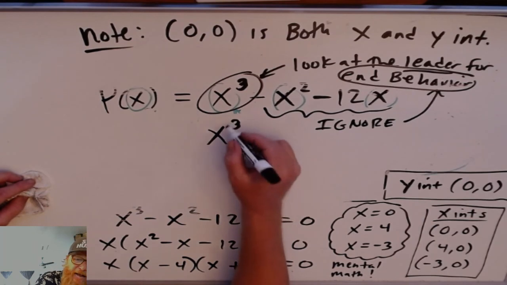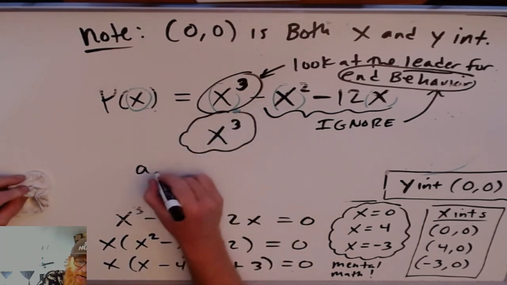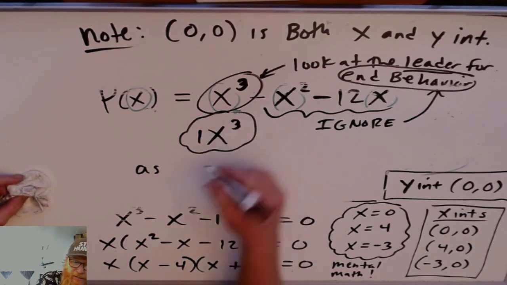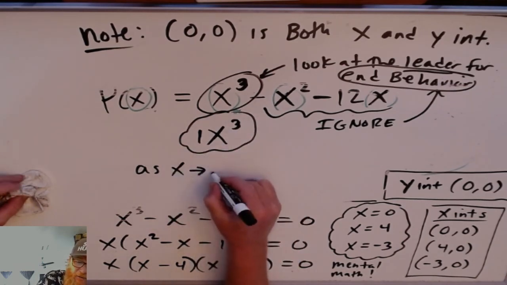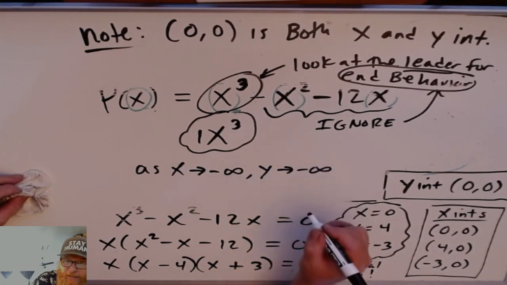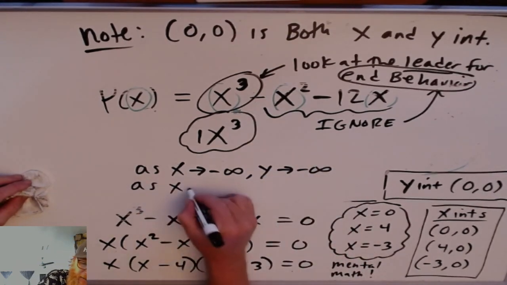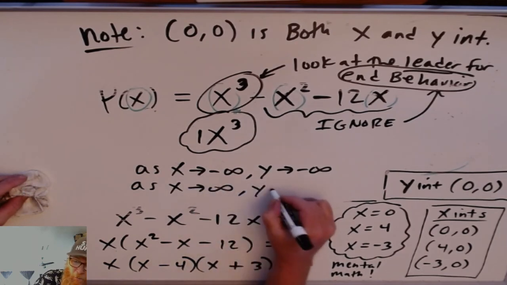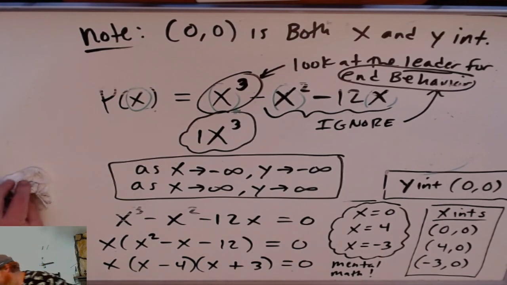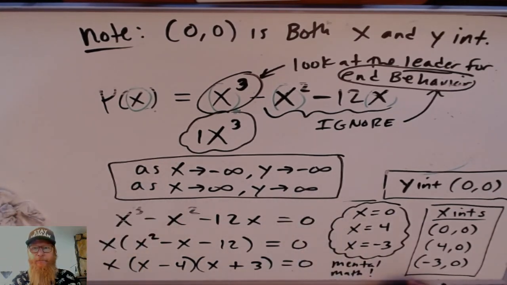All right, so we have x to the third. We got the recipe, right? The leader is positive, the power is odd. So as x goes to negative infinity, y goes to negative infinity. As x goes to infinity, y goes to infinity. That's your end behavior.